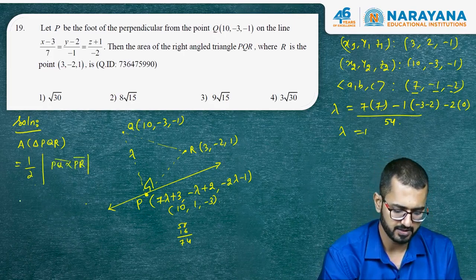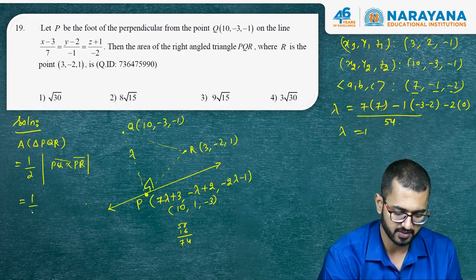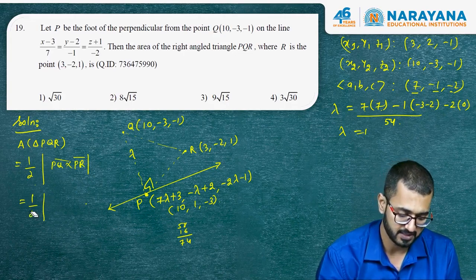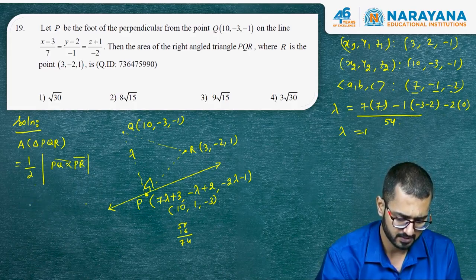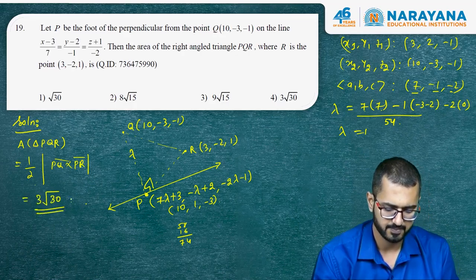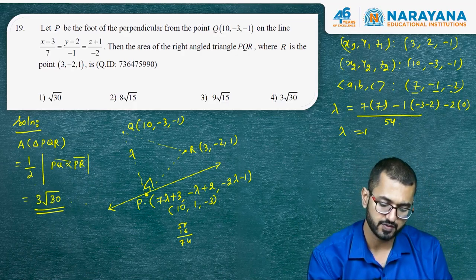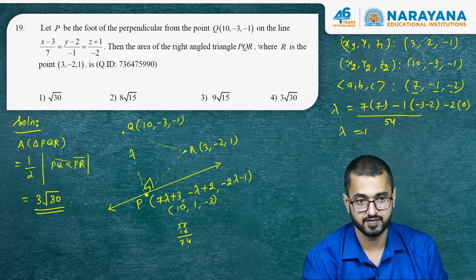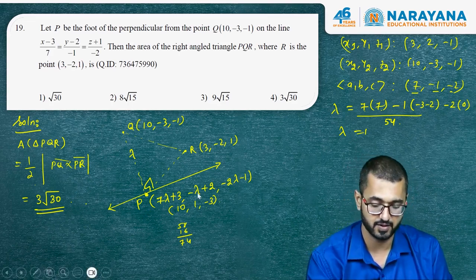After solving PQ cross PR, since we have all the vectors, this at the end turns out to be 3 root 30. The main base was to find the coordinates of P. Once that is done, we find the area of the triangle, which turns out to be 3 root 30. So here option D would be the correct answer.